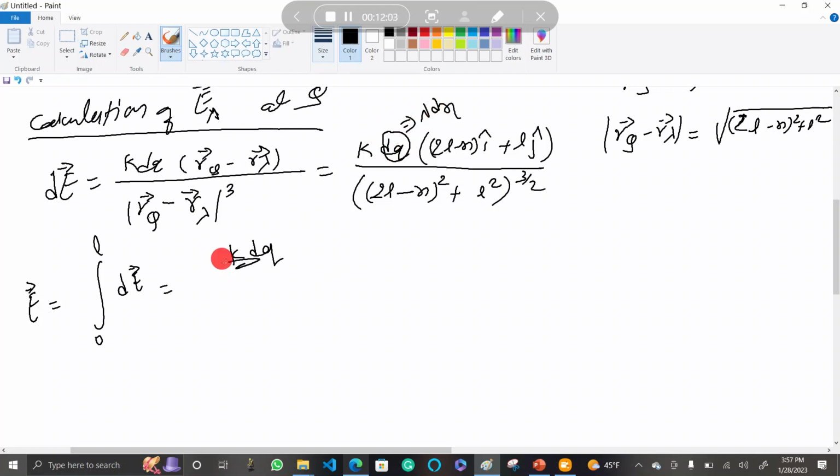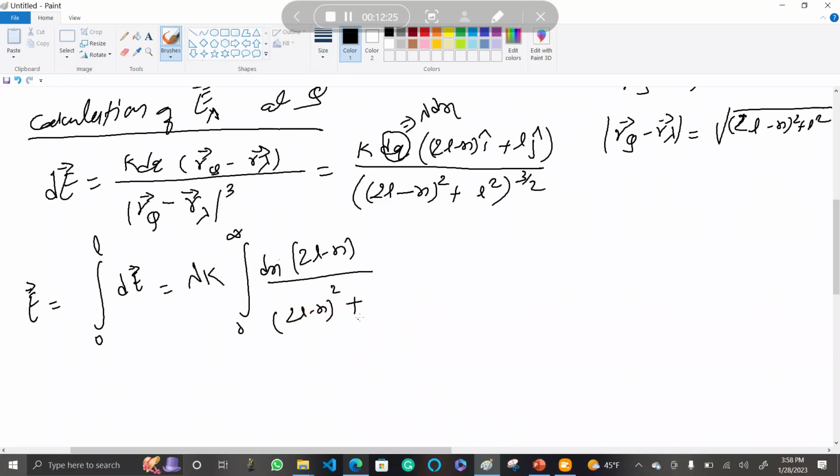So lambda is a constant, I can take that out of the integration sign. So I can write lambda k integral from 0 to L of dx (2l minus x) over ((2l minus x) square plus l square) to the power 3 by 2, equals k lambda.